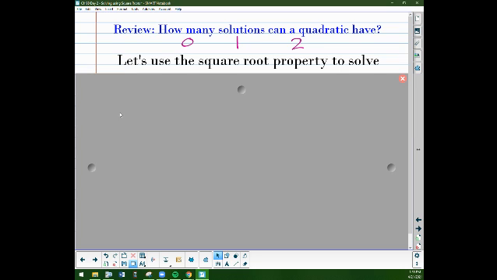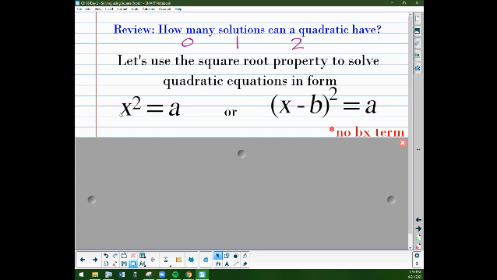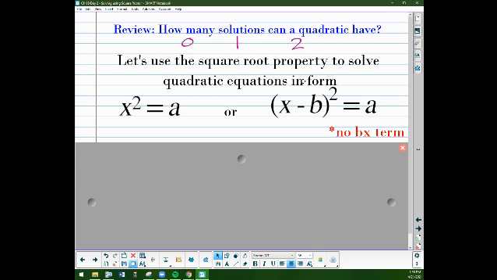Okay? All right, so we're going to use something called the square root property to solve quadratic equations in the form, and this is key, is recognizing the form when to use the square root property. So the 2 situations and when we use the square root property is when I have x squared by itself.